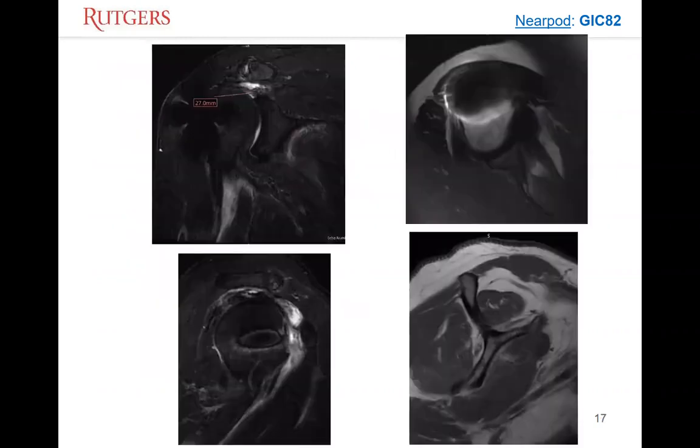On the MRI, it's difficult to see the full extent of the tear due to artifact from the prior implants, but you can see that there's a full thickness retracted tear of the supraspinatus and possibly the subscap, although it's difficult to see, and there's minimal atrophy.